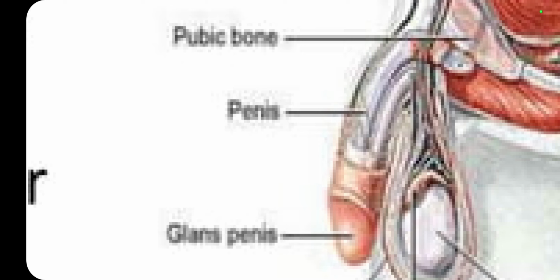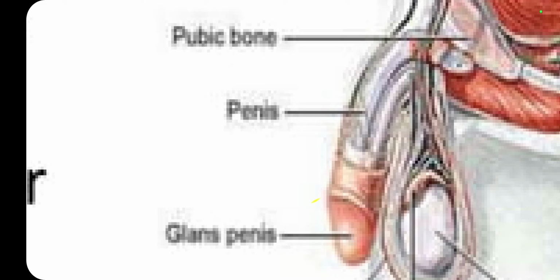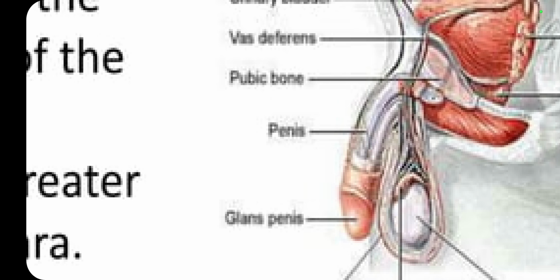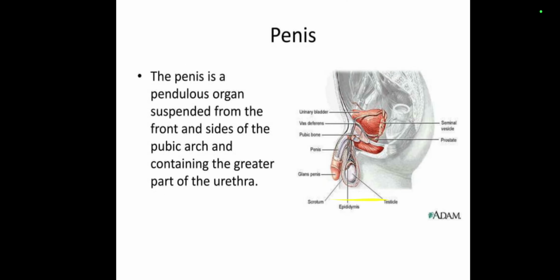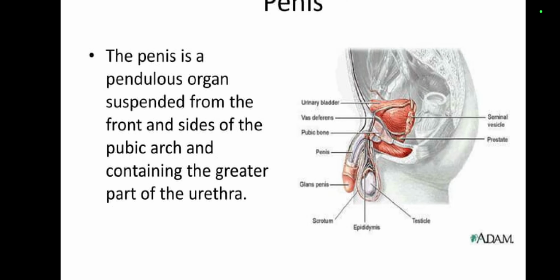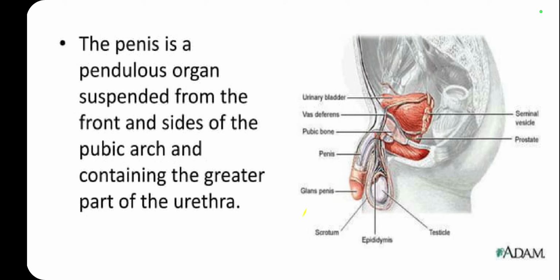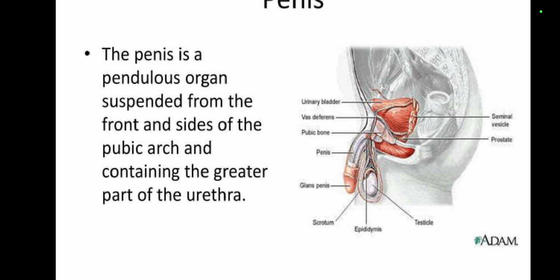Okay? The penis is usually located above the scrotum. It is like a spongy tissue. As you can see here, it's like a tube, meaning it is a transportation for the semen of the male during ejaculation. Okay? So that is the penis.